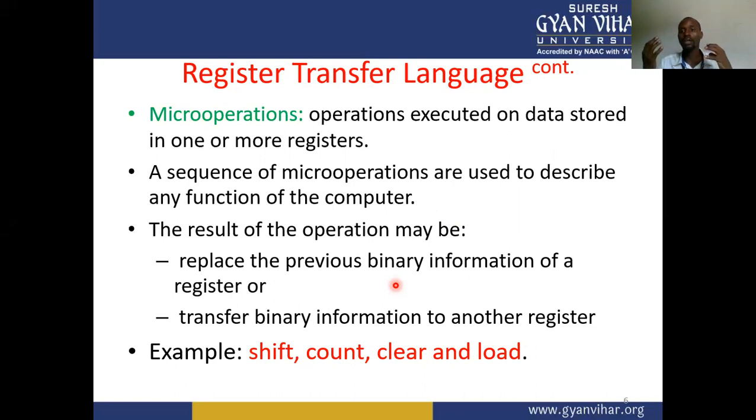I repeat, these micro operations replace. That means they feed new information into existing information, and in the end, they create an update. Second, they transfer binary information to another register.